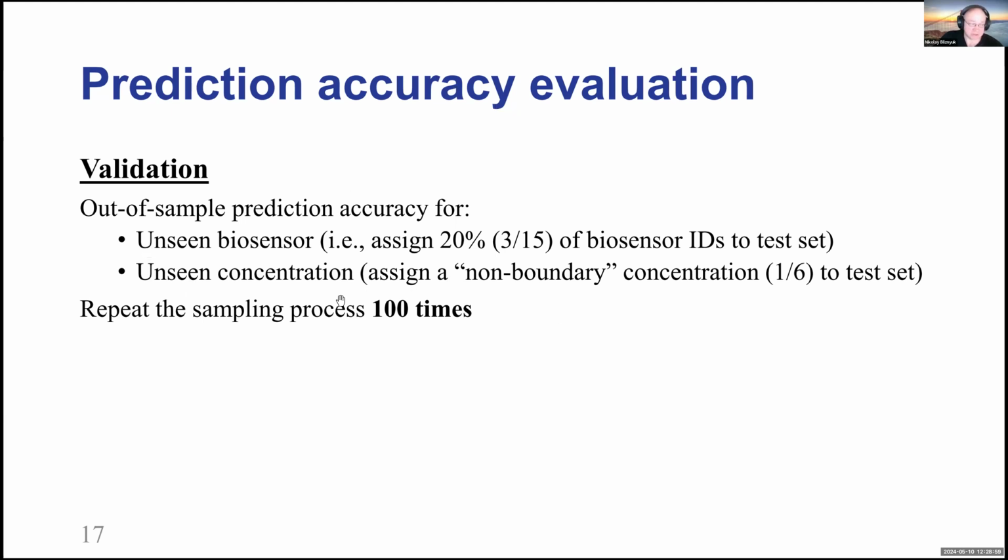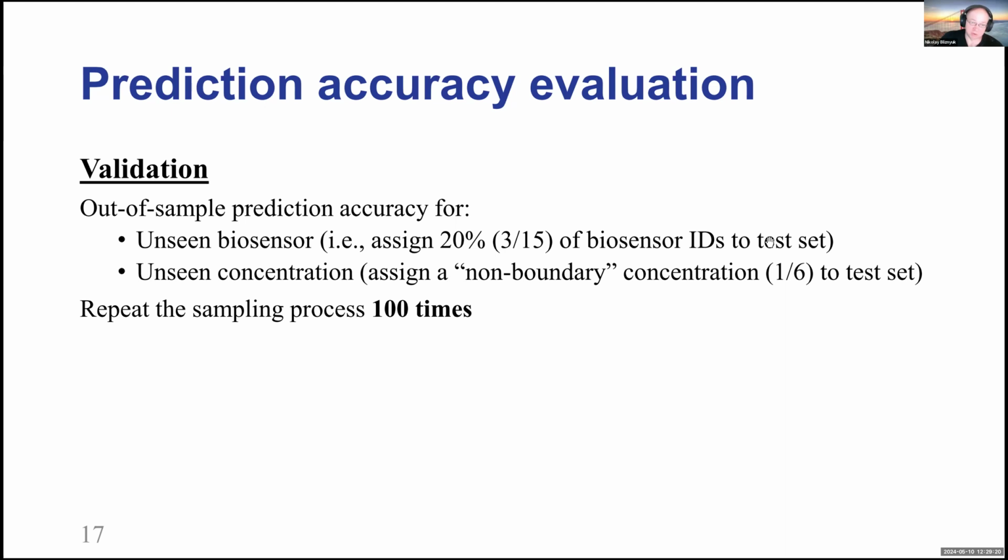Then we can do similarly for the unseen concentration. Suppose we look at the known boundary concentrations, that is 1, 2, 3, up to 6. Then we leave out all the data for a single concentration, that is 15 observations, and that goes into the test set.